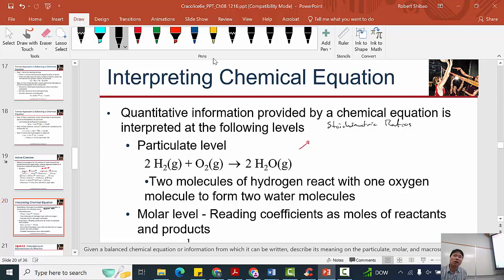Like stoic is supposed to be like element. It's not element, it could be anything.